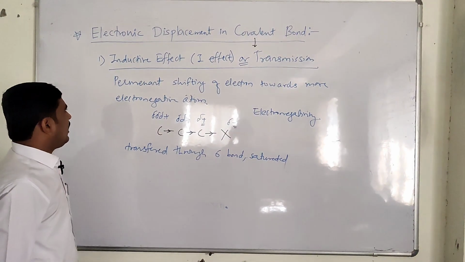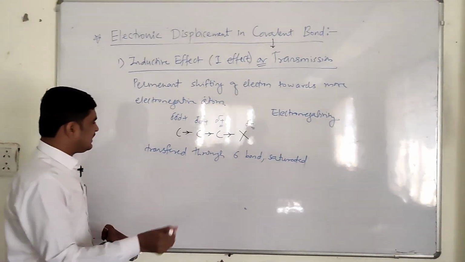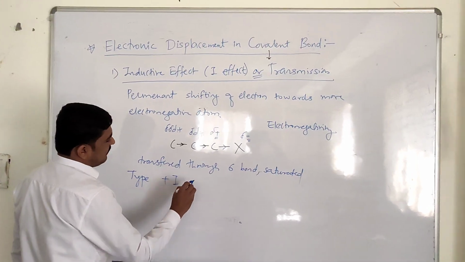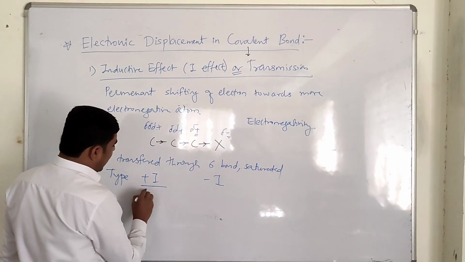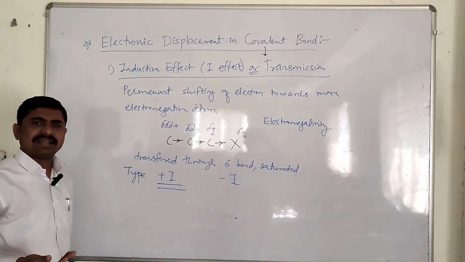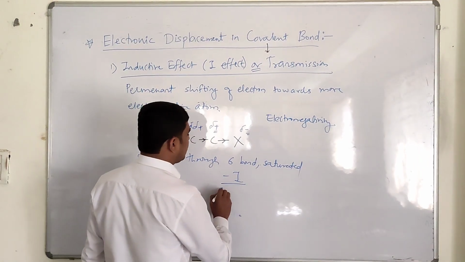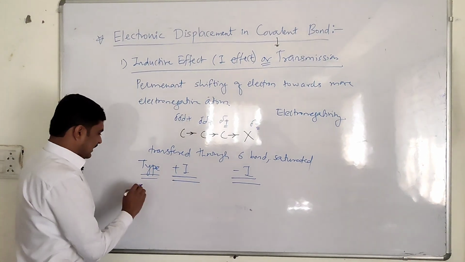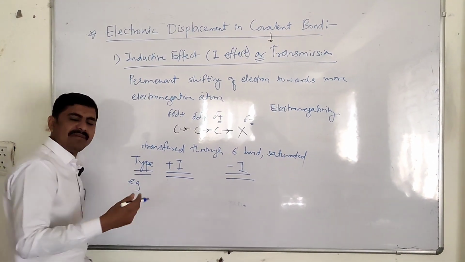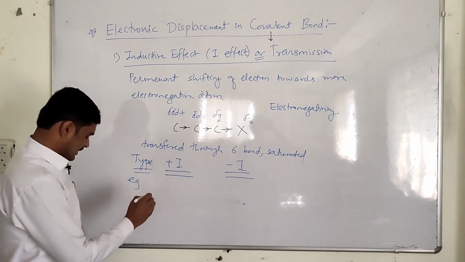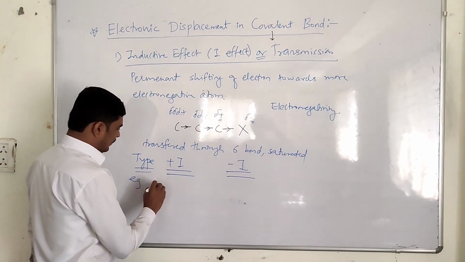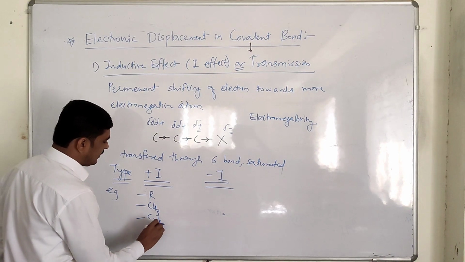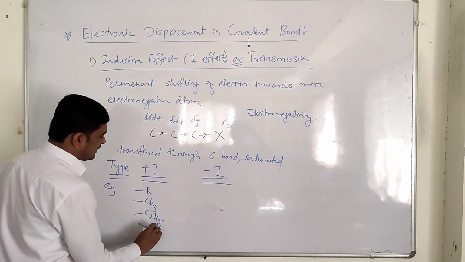What are the types? There are 2 basic types of inductive effect, plus I effect and minus I effect. Plus I effect means electron releasing effect, and minus I effect means electron withdrawing effect. Examples of groups which show the plus I effect are alkyl groups, like the methyl group, C2H5 ethyl group, or C3H7 propyl group.